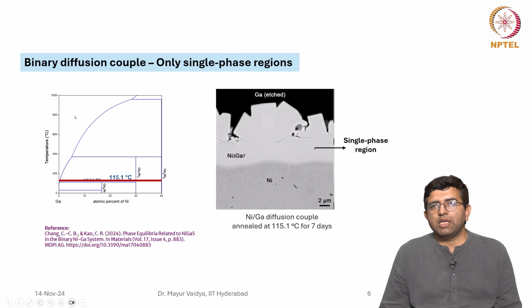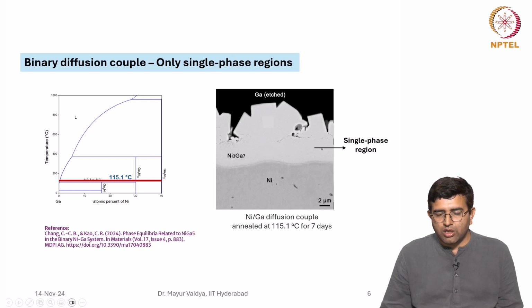You will see that there is only a single phase region growing, which is Ni3Ga7. So you have only single phase regions. There are two phase regions that exist at this temperature, but in the interdiffusion zone only a single phase region develops.